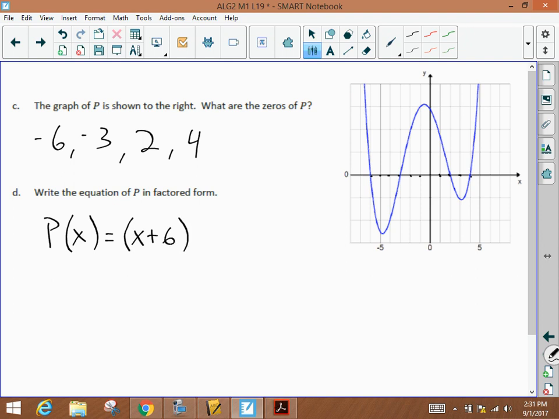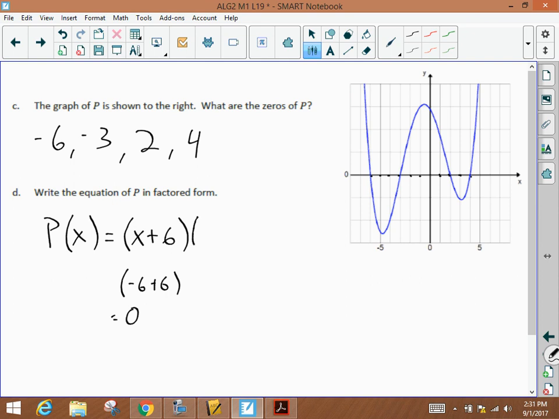Now, why is it plus 6 instead of minus 6? The idea is that it's a 0 because if I plug negative 6 in for x, I get negative 6 plus 6, which is 0, right? And that's the point.